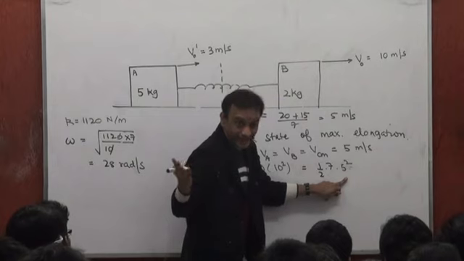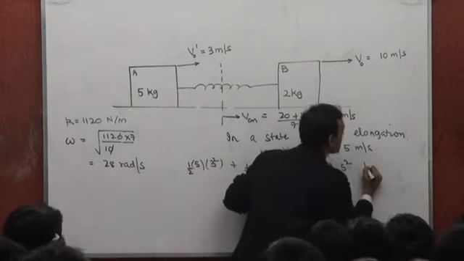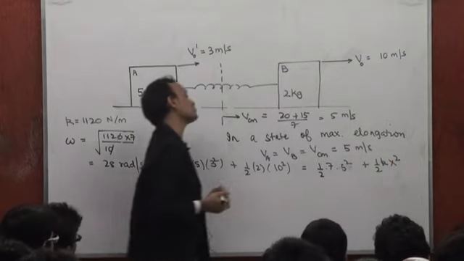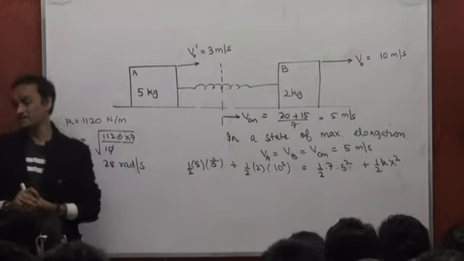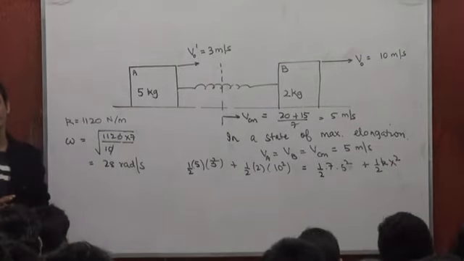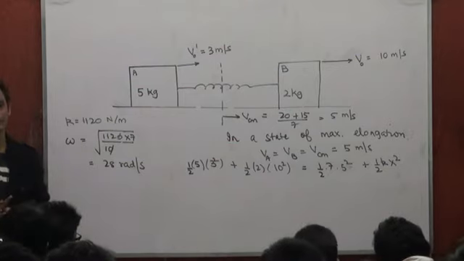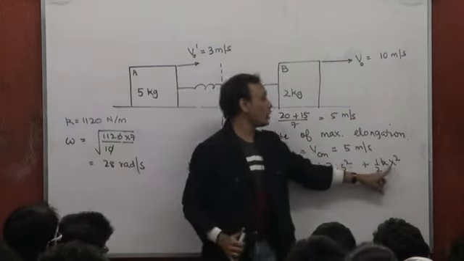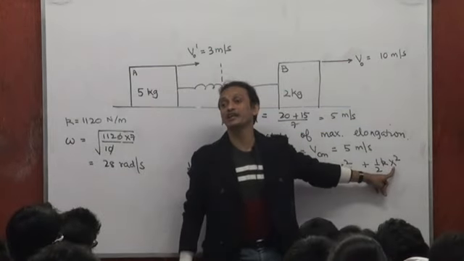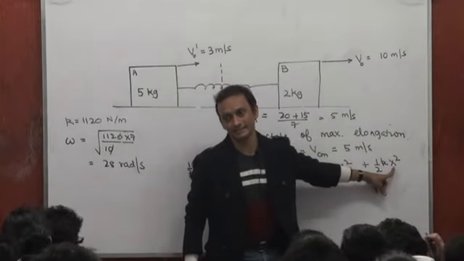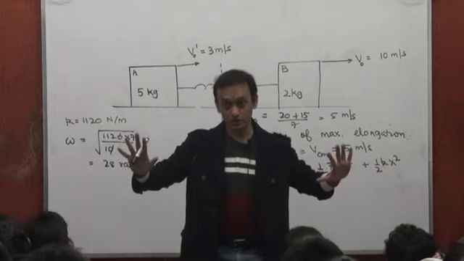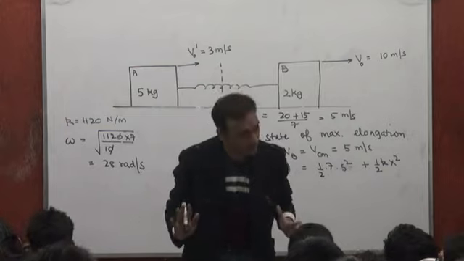This is the kinetic energy that remains, plus half of K x squared, where x is the maximum elongation. Yes or no? So this would enable computation of x, the maximum elongation that takes place in the spring. Yes or no?